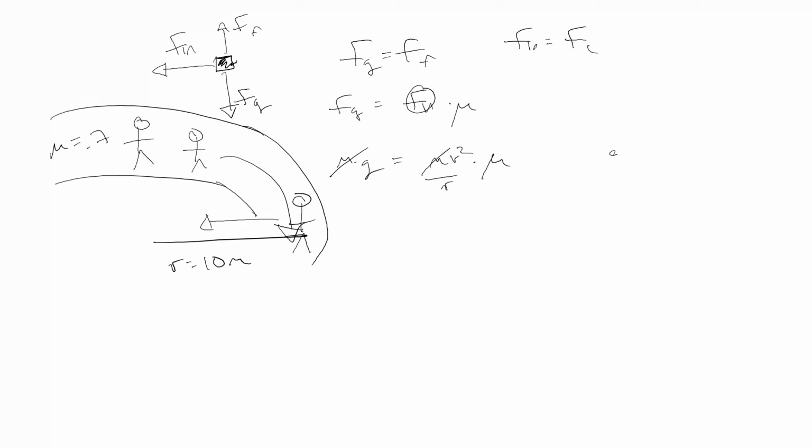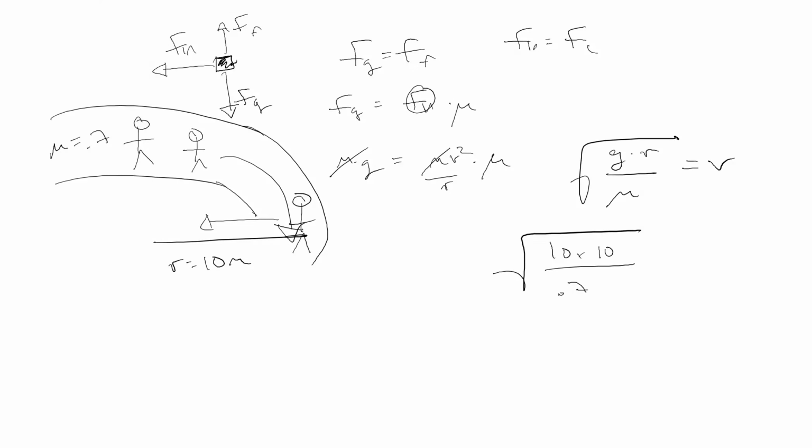So we get g times r divided by mu, all under the radical, equals v min. Gravity is still 10. My radius is 10 meters. We said mu was 0.7. I plug all of that together and I get a velocity of 11.95 meters per second. So we can solve for that.